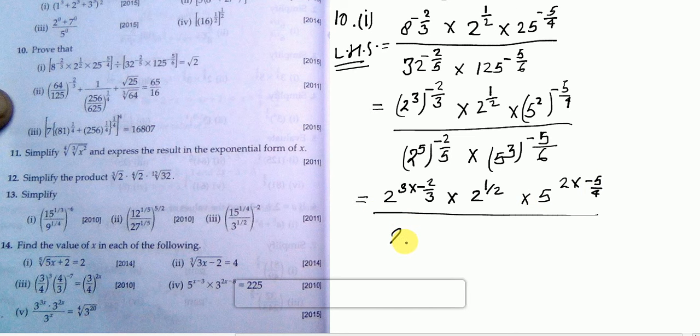2 raised to the power 5 into minus 2 by 5 into 5 raised to the power 3 into minus 5 by 6.